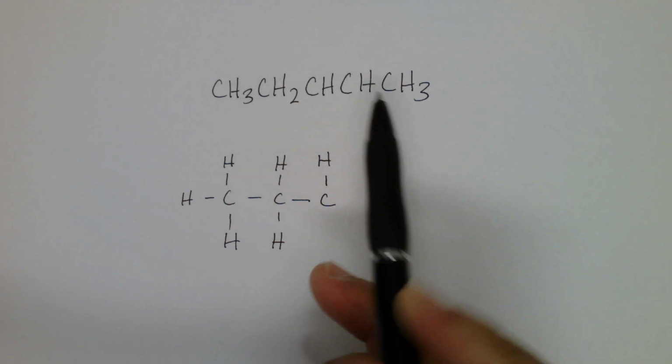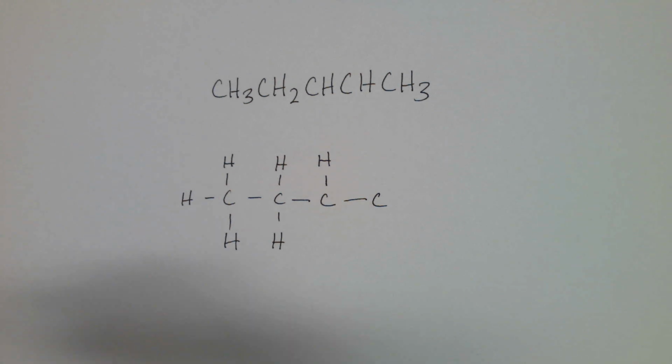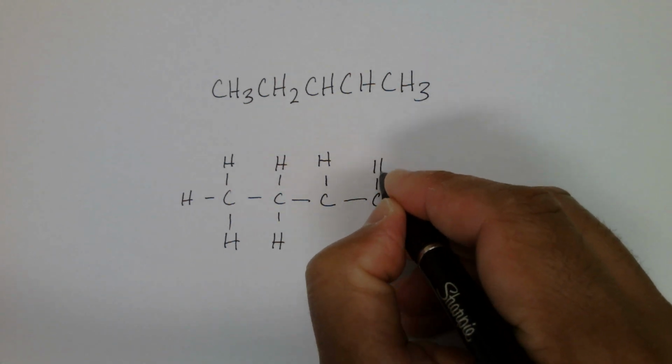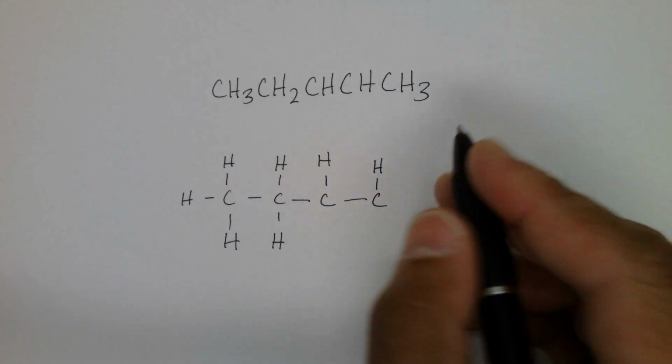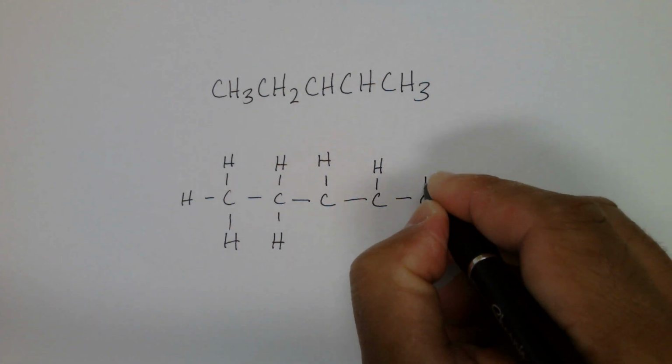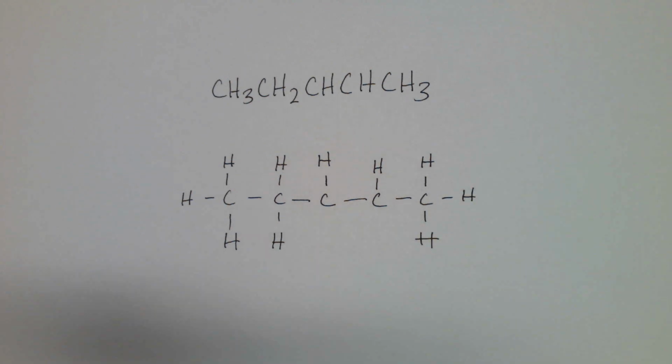Notice that this carbon is now bonded to the next carbon in the chain. And that carbon is bonded to one hydrogen. And then we continue the chain with a CH3, and then that's the end of the chain. So we're finished including all of the atoms, but if you look carefully, there's something missing here.